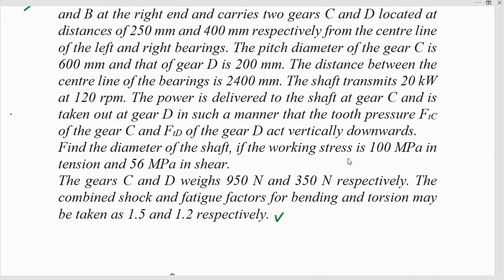One is the maximum principal stress theory, which applies to tension. Then for the 56 megapascals in shear, we will use the maximum shear stress theory, or Tresca's theory. At the end of the day we have two diameters, and the maximum diameter is the one we will take, that will be able to withstand failure against shear and failure against bending.